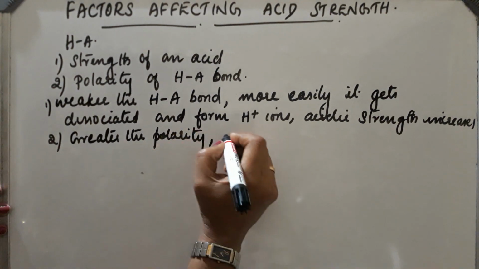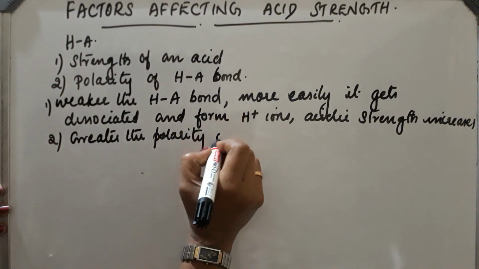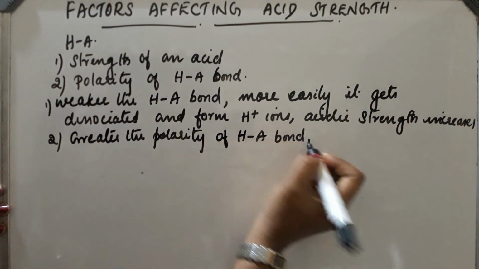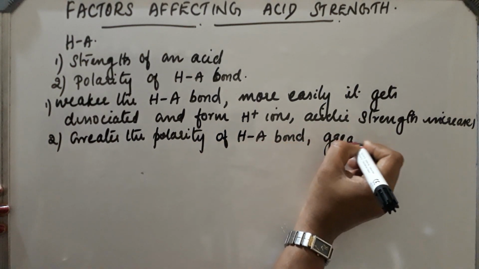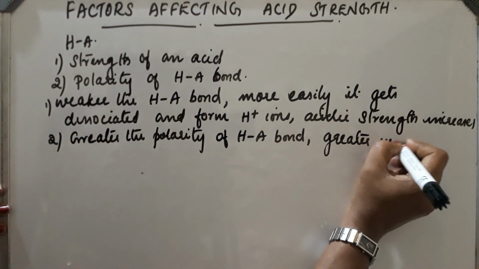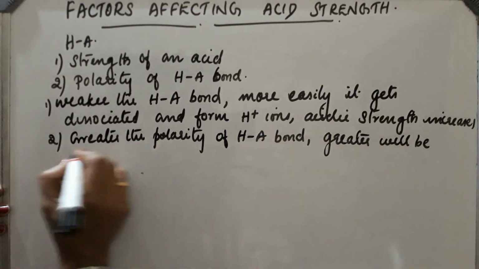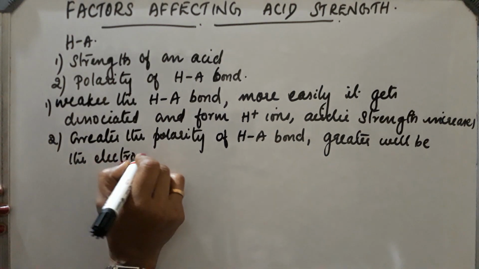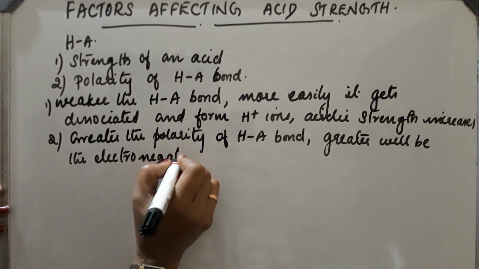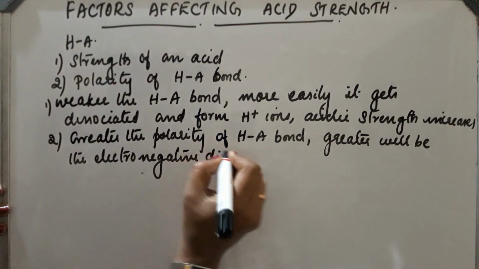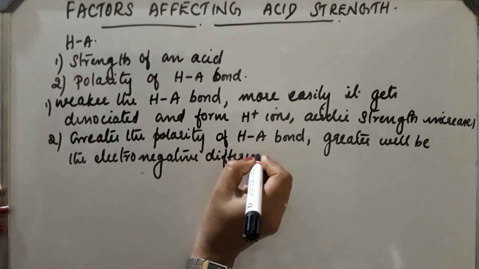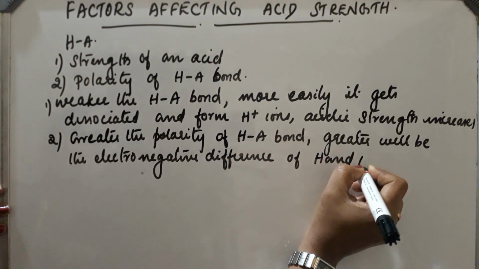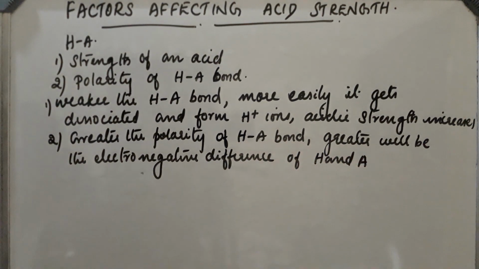So, greater the polarity of the HA bond, greater will be the electronegativity difference of H and A. So what happens?